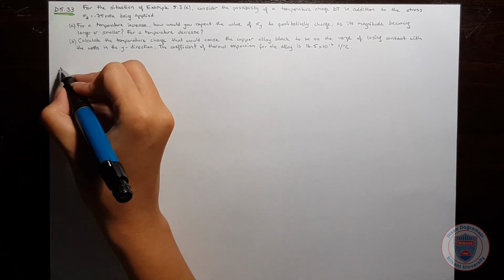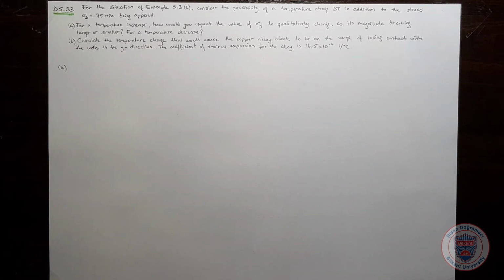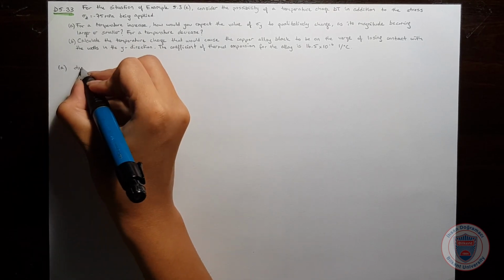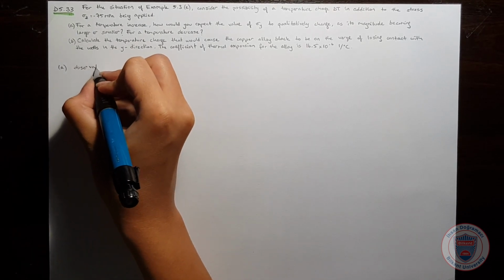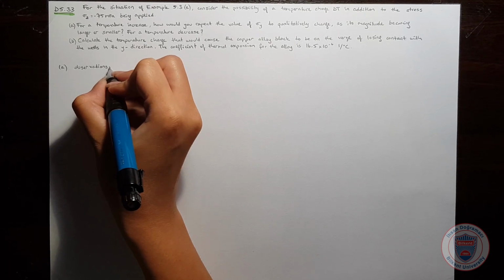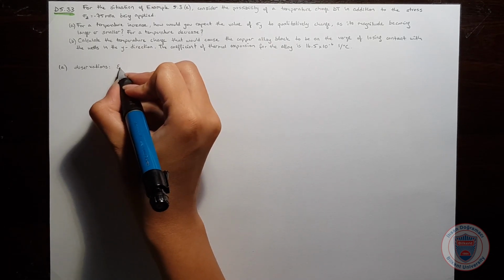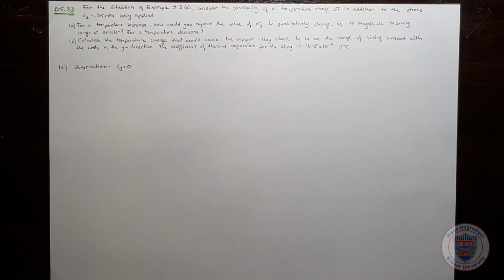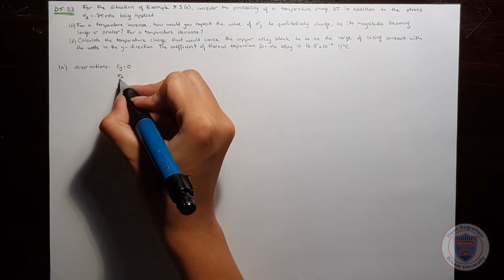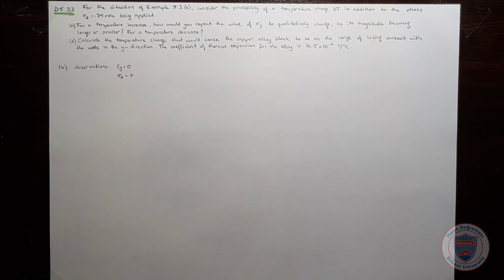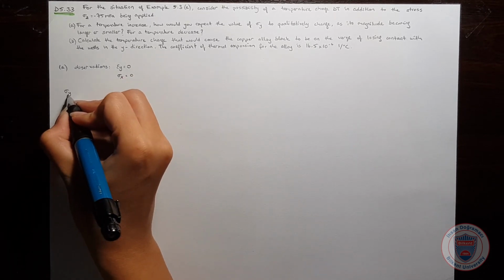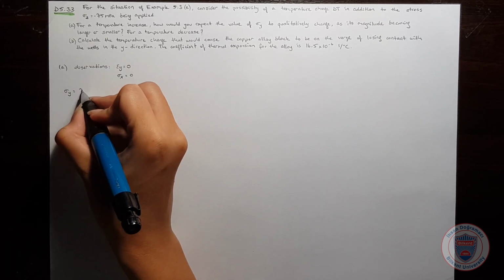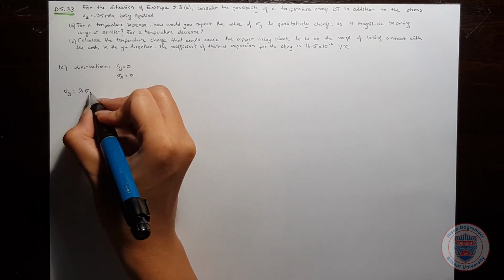So, in part A, we can say that epsilon y will be 0 and also sigma x will be 0. And also we have the information that sigma y is equal to lambda times sigma z.